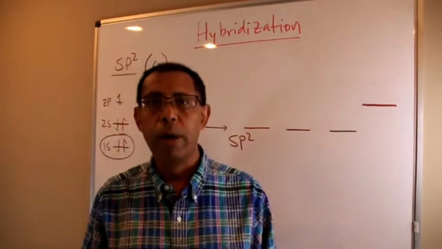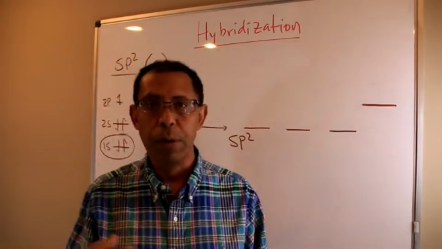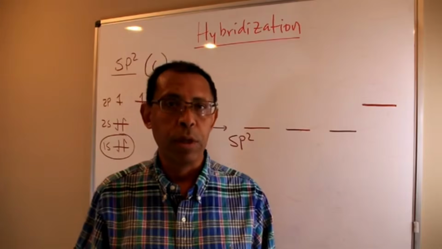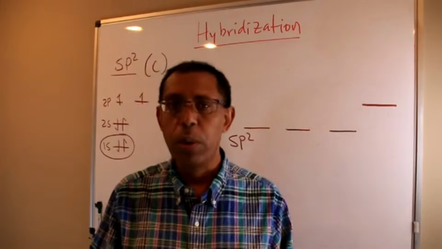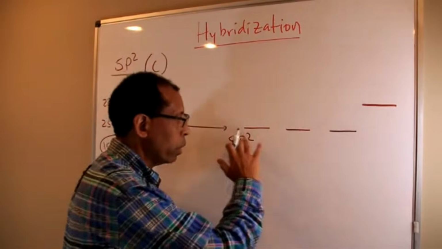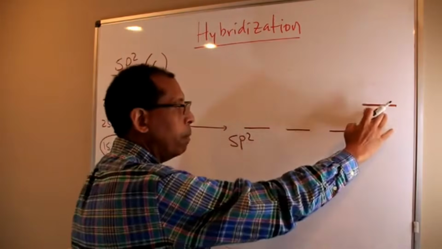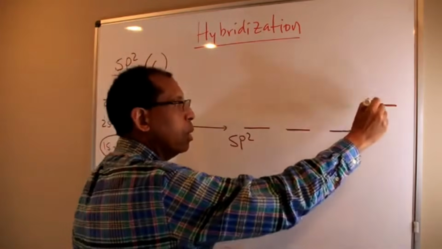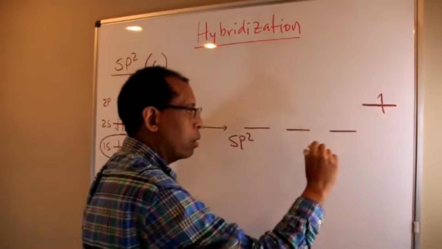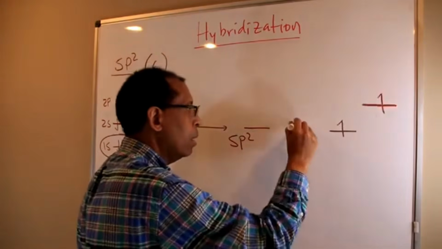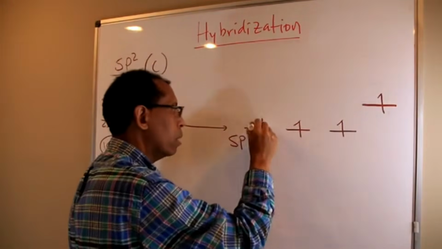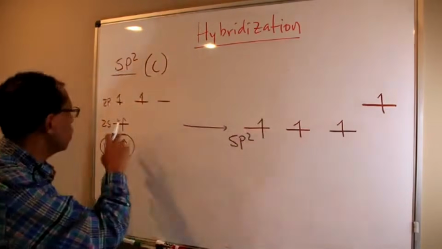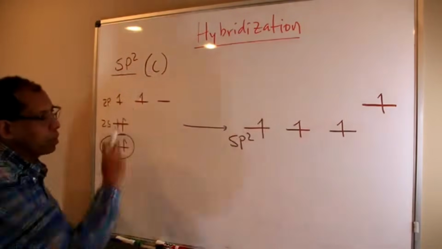Remember, I have said all hybrid orbitals have the same energy. That's why we call them degenerate orbitals, or equal energy. One of them is a p orbital with one electron, which is not hybridized, but the 4 electrons are distributed like this. So 1, 2, 3, 4 electrons.